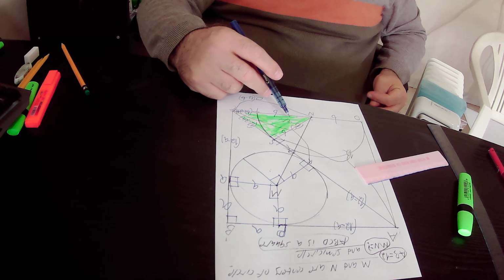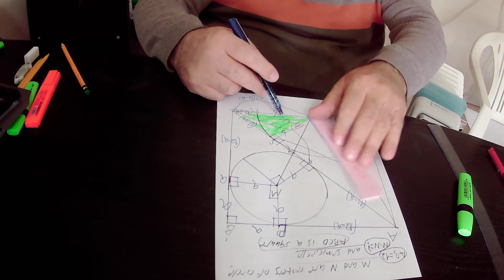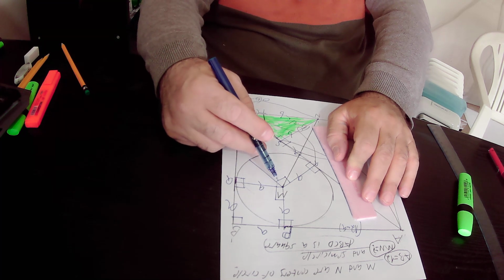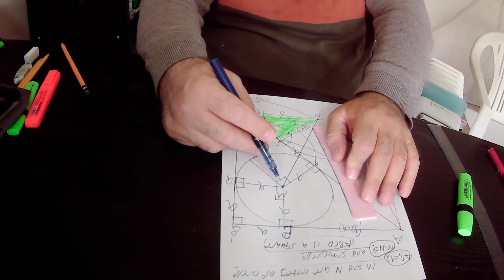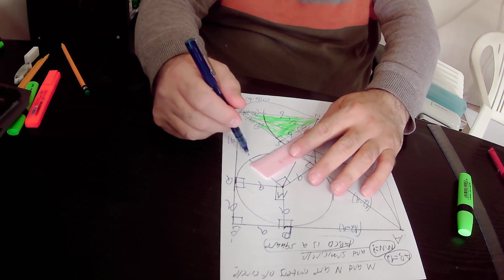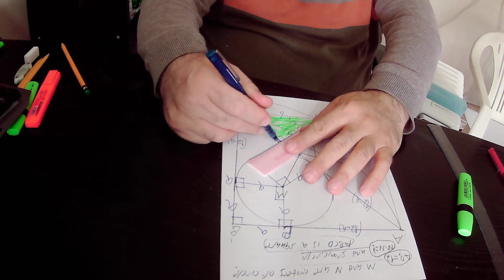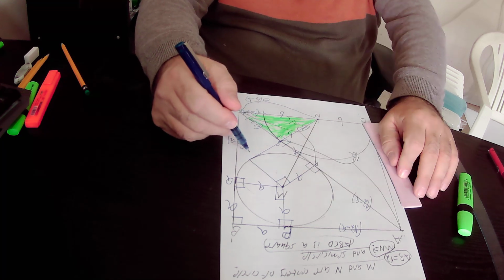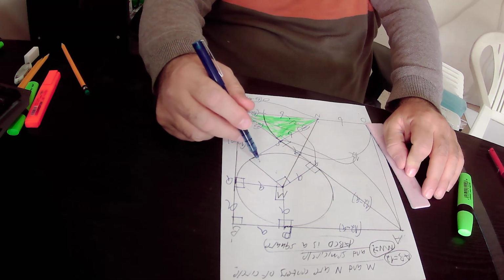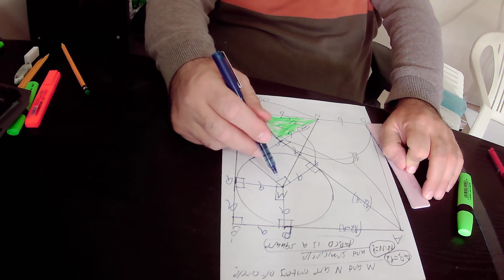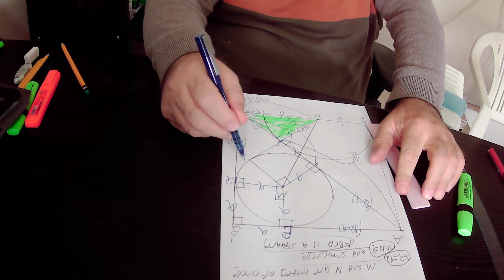We will extend NS by a straight line until it intersects with the perpendicular from point M. We will define the intersection point of the extended NS and the perpendicular from point M as X.